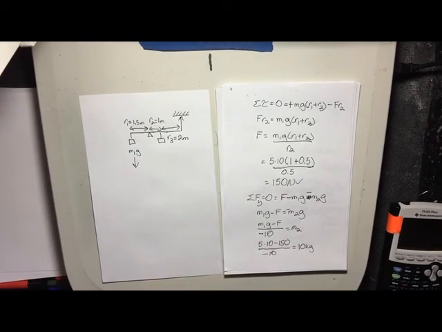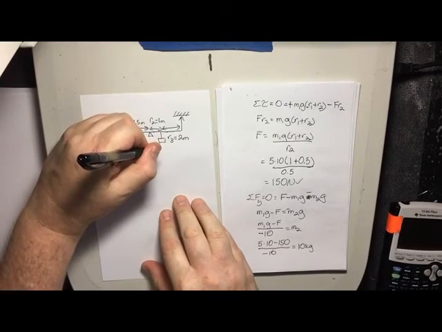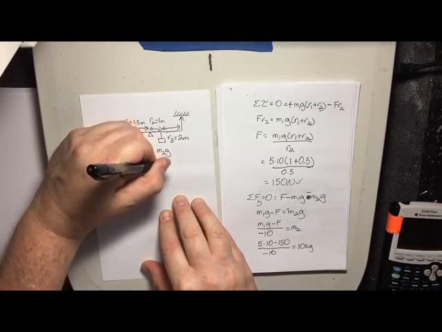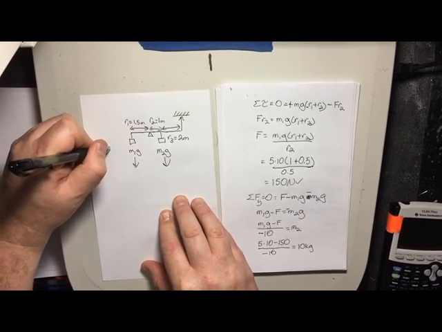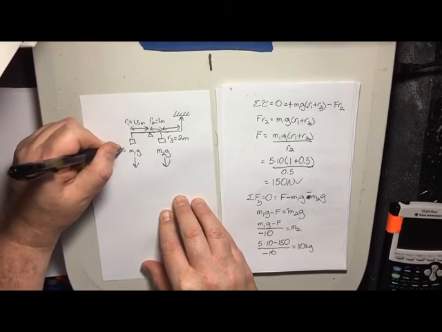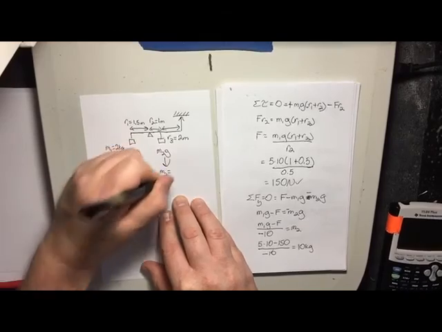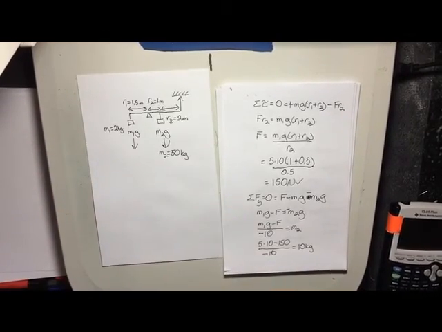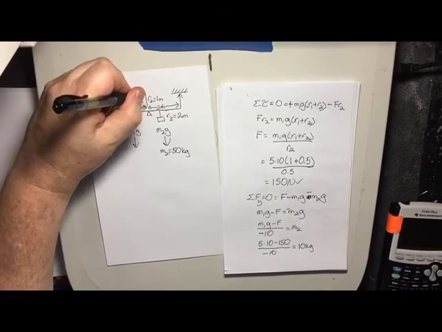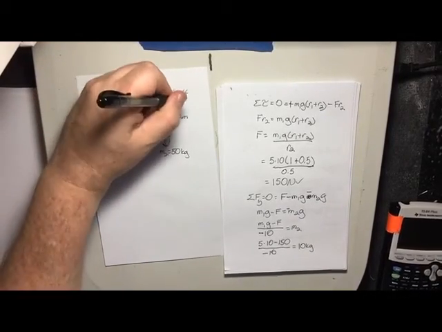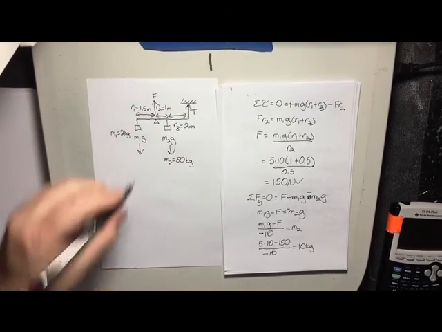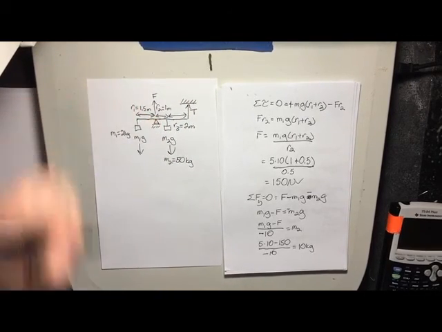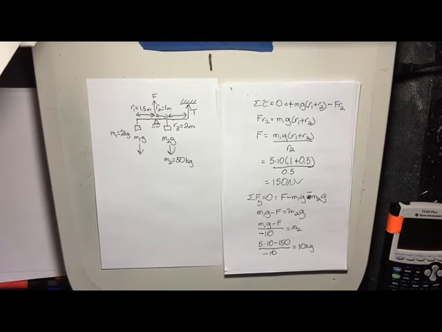So I'll have a string tied to the end of that bar. And this particular mass 2, if M1 is 2 kilograms, M2 I'm going to make 50 kilograms. So the question is, what is the force on the fulcrum, or from the fulcrum to the bar, and what is the tension in the string holding up the far end of the bar?